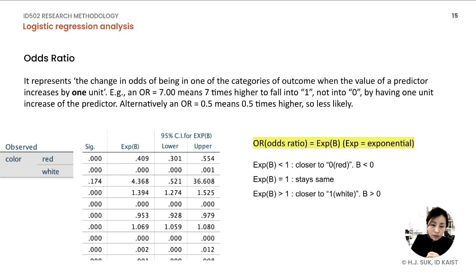In logistic regression analysis, the odds score is also very much relevant. But actually, this odds score is already explained as exponential b in my previous slides. So as I said, if this b value equals 1, it stays the same, and if it's smaller than 1, they're close to 0, and if it's bigger than 1, it's close to 1.